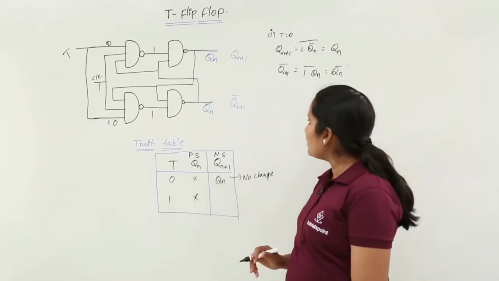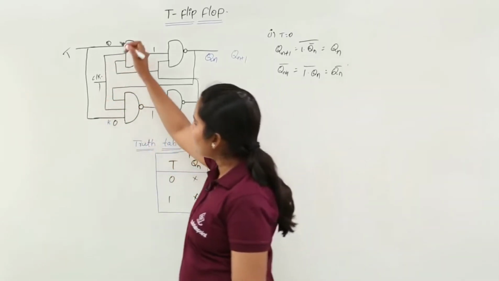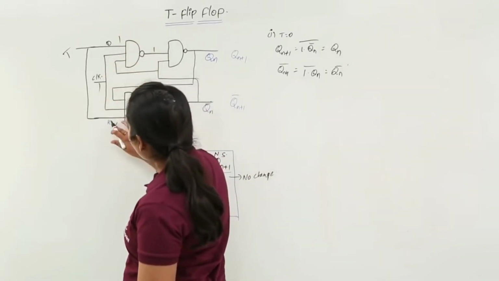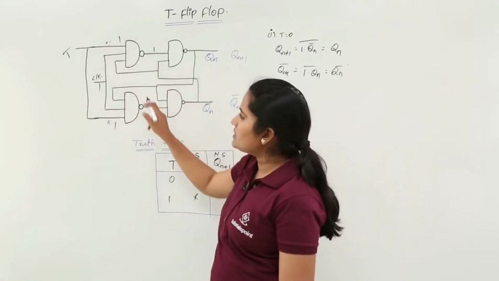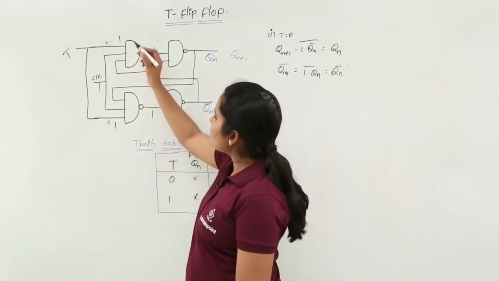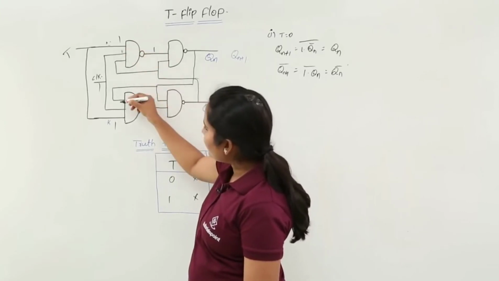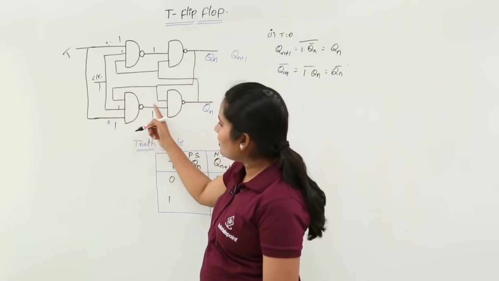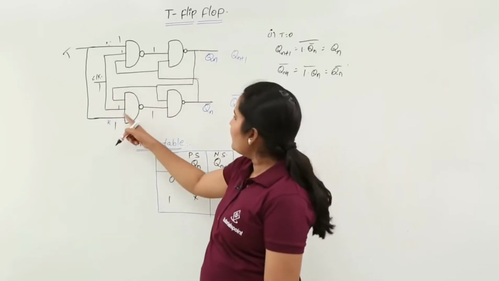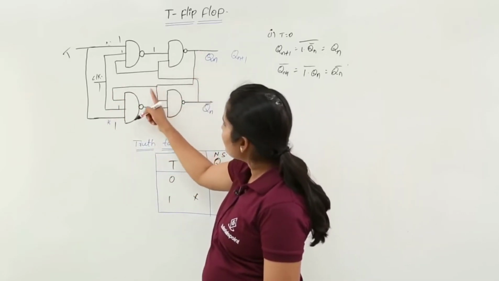When T equal to 1, what is going to happen? When T equal to 1, you are providing 1, 1 in place of JK. Now when these gates' inputs are 1, see here the clock is 1 and here also the clock is 1. Here I am taking the output of this gate as 1 into 1 into this Qn.